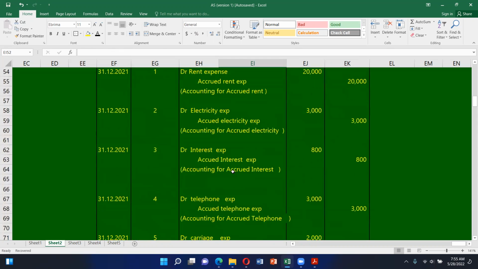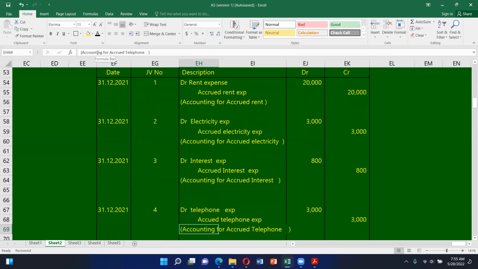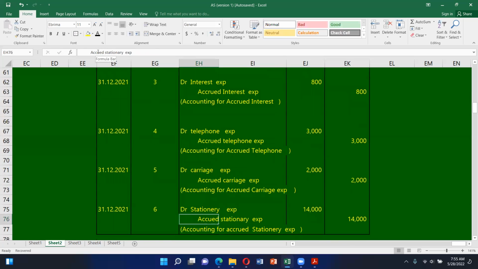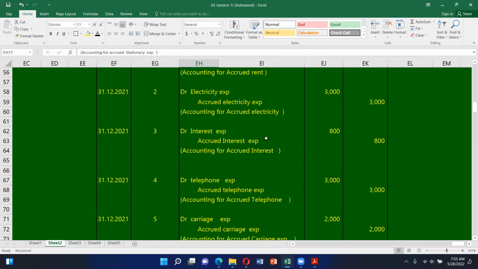Interest expense debit, accrued interest credit. If you have a doubt, please ask.